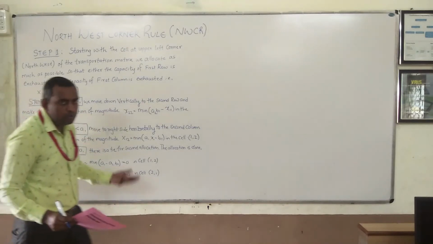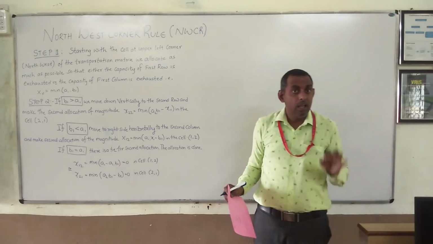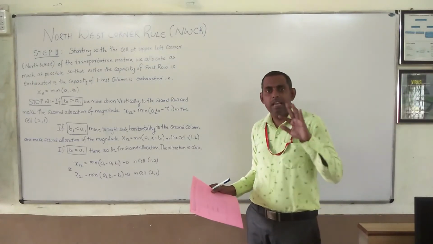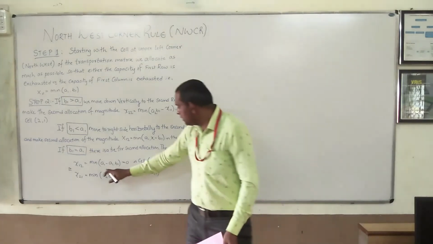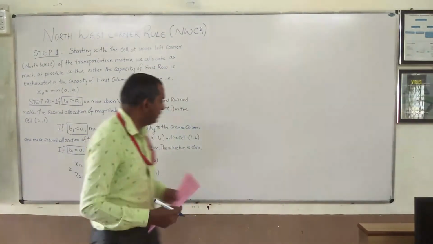So you can choose any of the allocations if there is a tie. Either you can choose 1 2 or 2 1, depending upon your discretion.